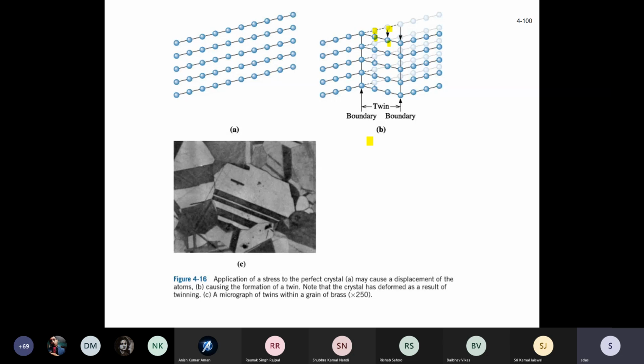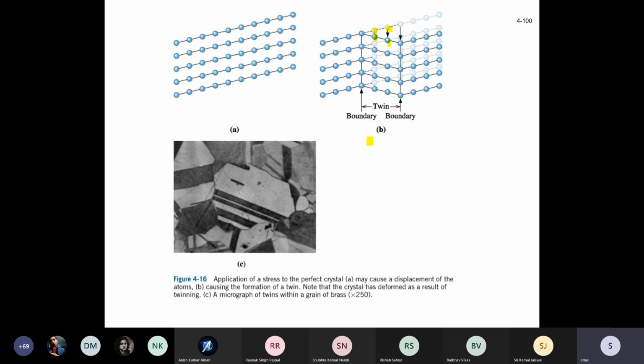So a plane, you applied a load, the resolved shear stress value is not as high as critical resolved shear stress. Dislocation will not move. Now during twinning, orientation changes. So orientation of the slip plane also gets changed. Now if it gets changed in such a way that the resolved shear stress component on it is equal to or more than the critical resolved shear stress value, the dislocation will start moving.